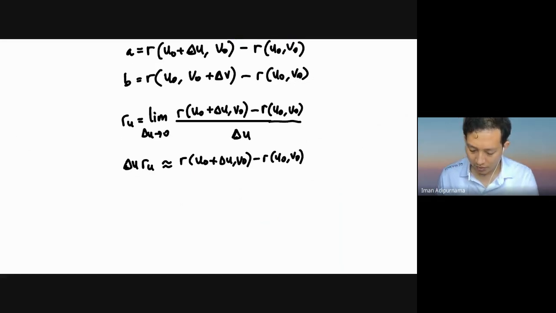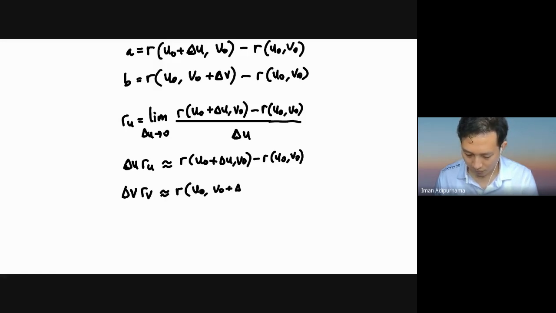And then doing the same way with the delta V approaching 0, you will get delta V RV is also approximately similar to the U, right?